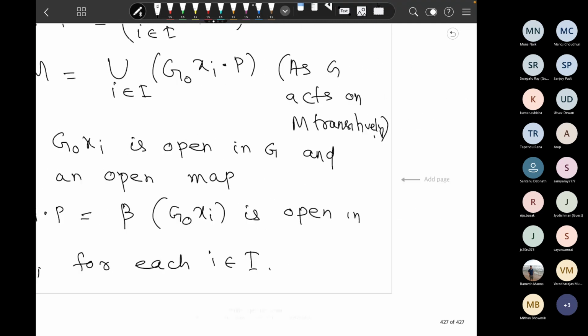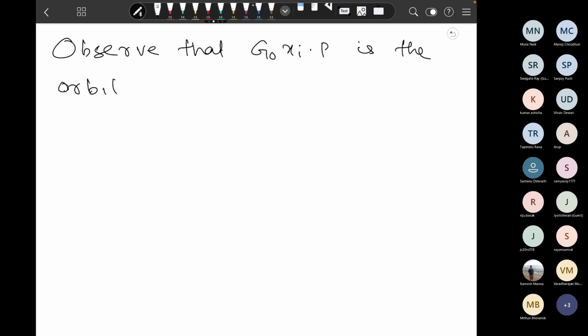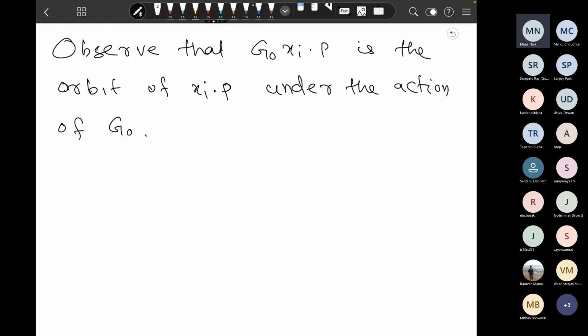Now observe that G naught xi dot p is the orbit of xi dot p under the action of G naught.